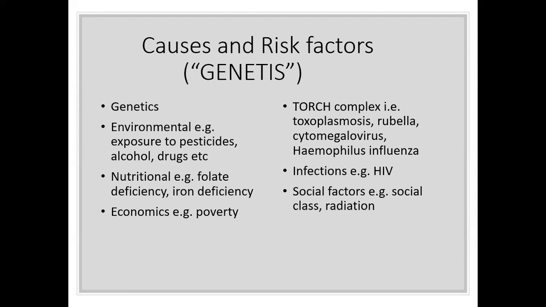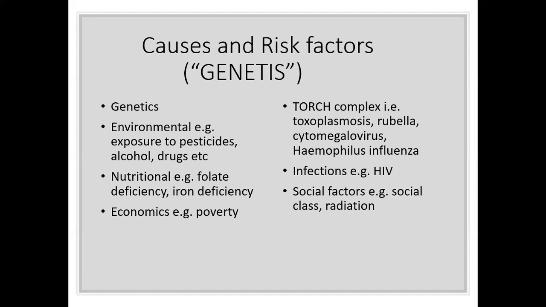N refers to nutritional factors such as deficiency of folate and iron. E is economical, it can be as a result of poverty, low social status. And it actually results from the TORCH complex, which refers to infection with toxoplasmosis, rubella, cytomegalovirus, and herpes. It actually also results from HIV infections.